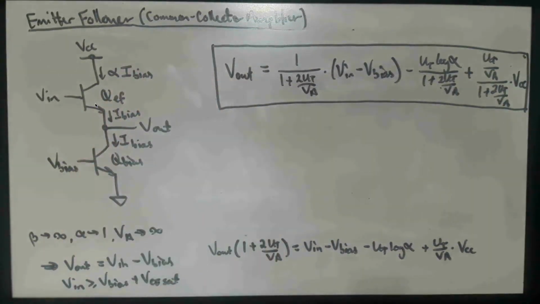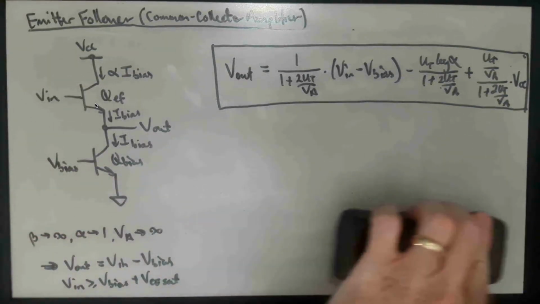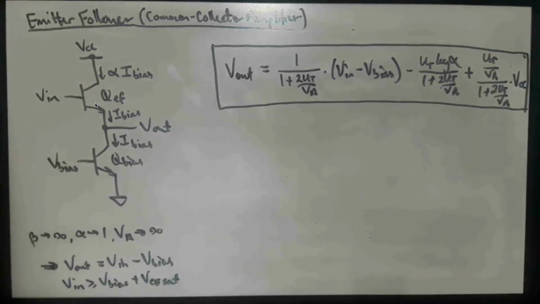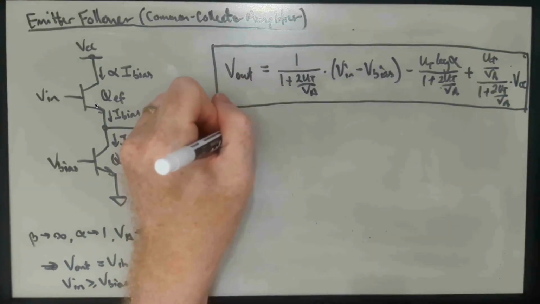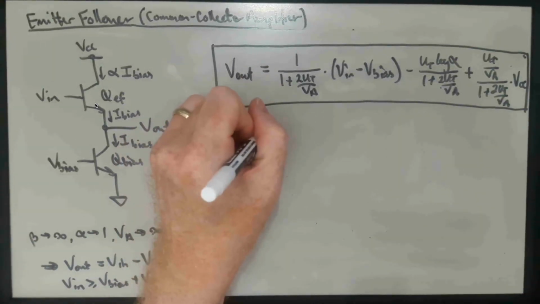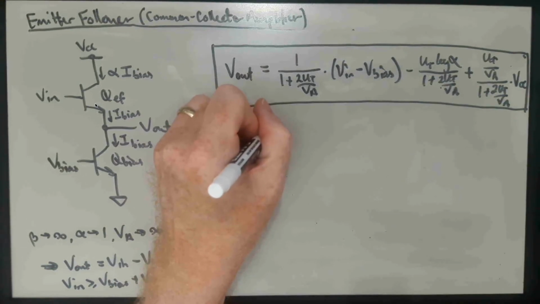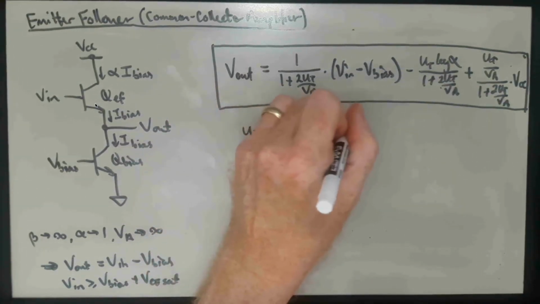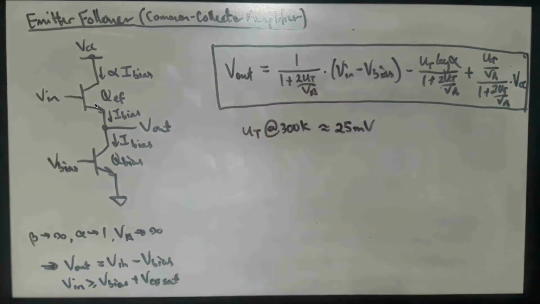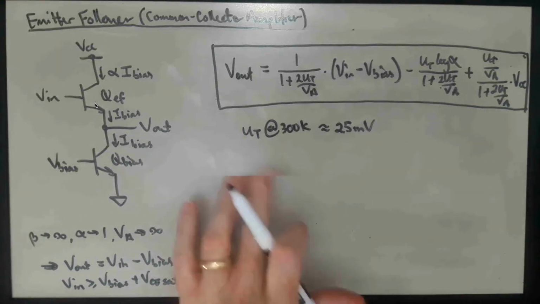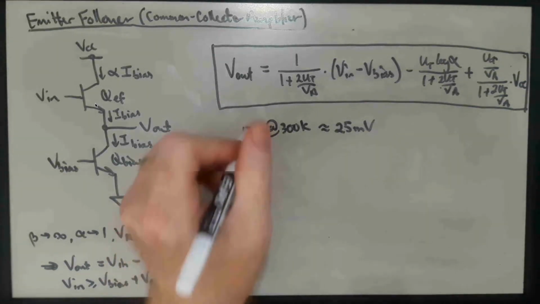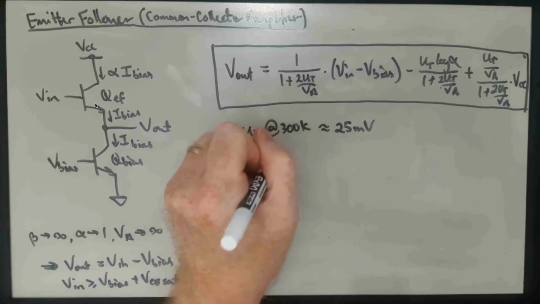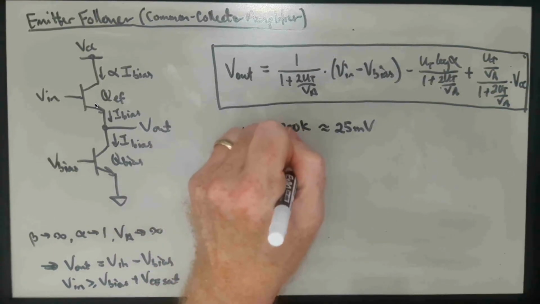Let's think about this. What is UT over VA? Right, so UT at room temperature is about 25 millivolts. Right, that's kT over q. It's about a 40th of a volt. VA for a typical BJT might be on the order of 25 volts.